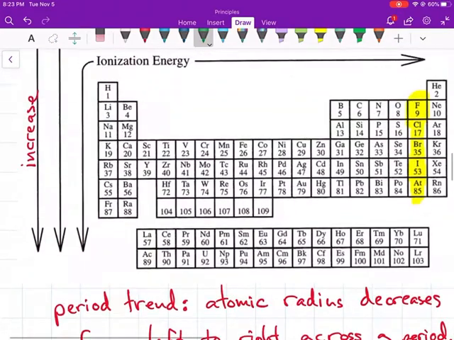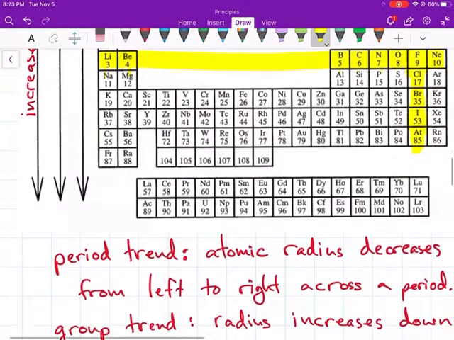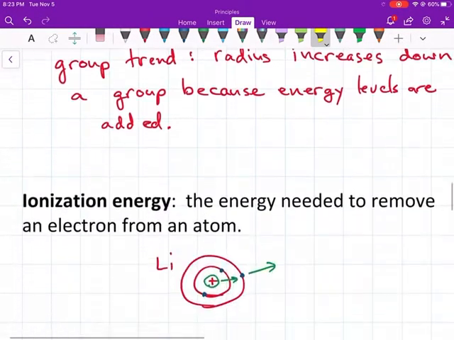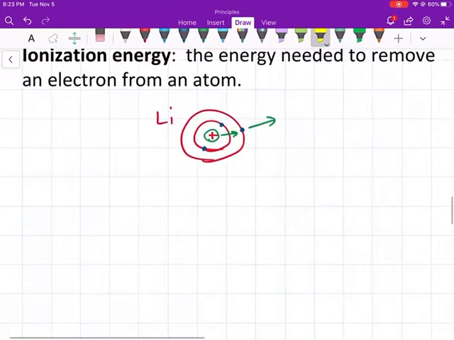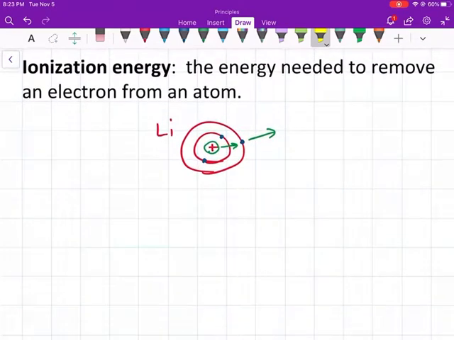So as I move, let's say, across the second row of the periodic table, from neon to fluorine to oxygen, nitrogen, carbon, boron, beryllium, lithium, the nucleus is becoming less and less positive, and the atom is also becoming smaller and smaller. And so what that means is it becomes easier and easier across that row to remove an electron.